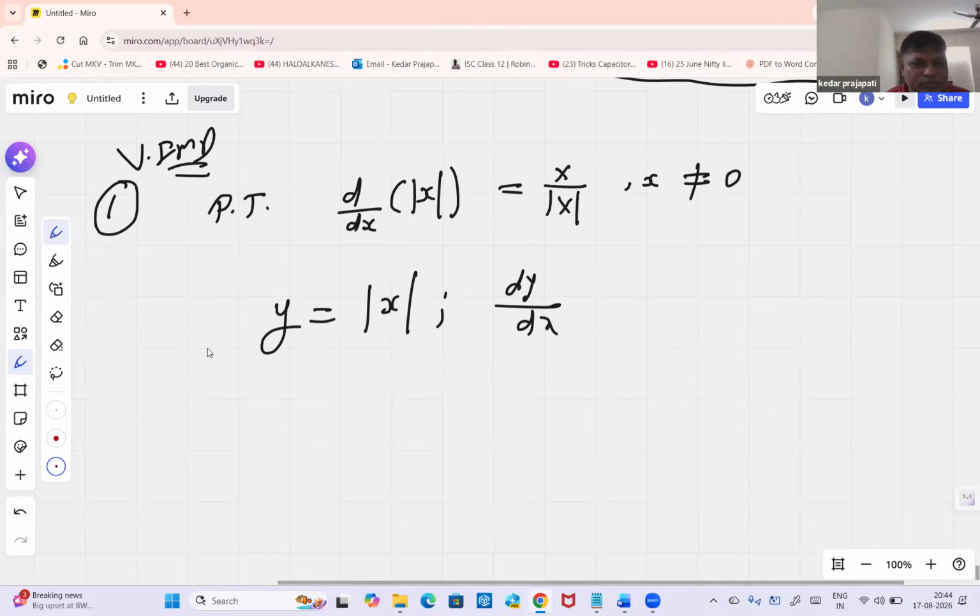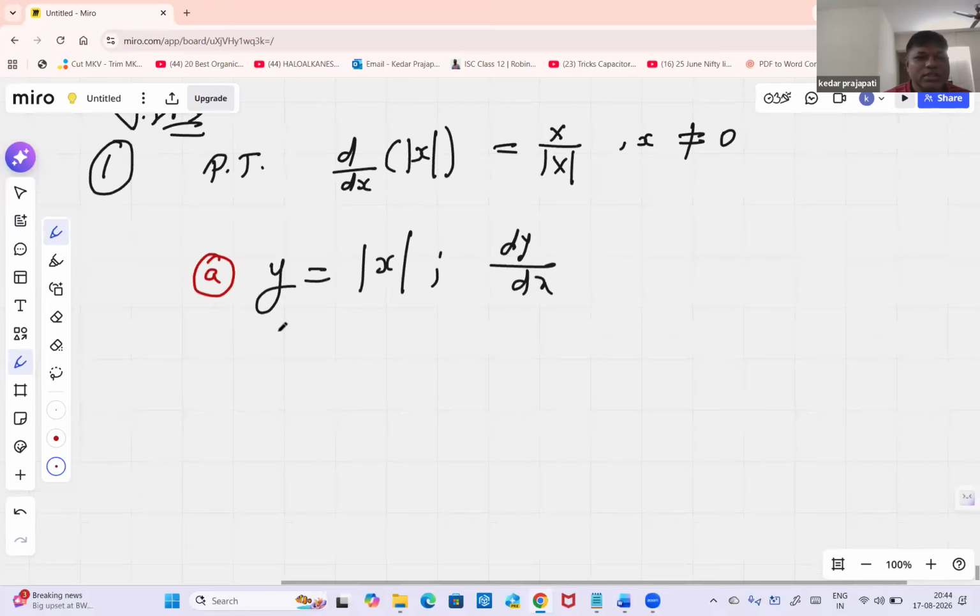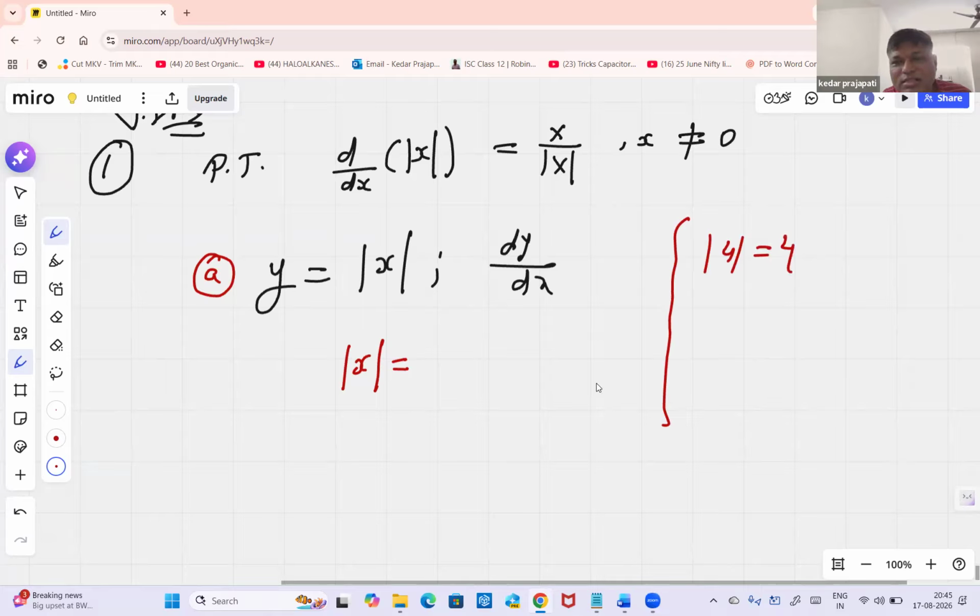This question also comes. So we know mod x is defined as, see beta, mod value is never negative. So what I'm saying is, if you are writing something inside mod, mod 4 is 4, right?